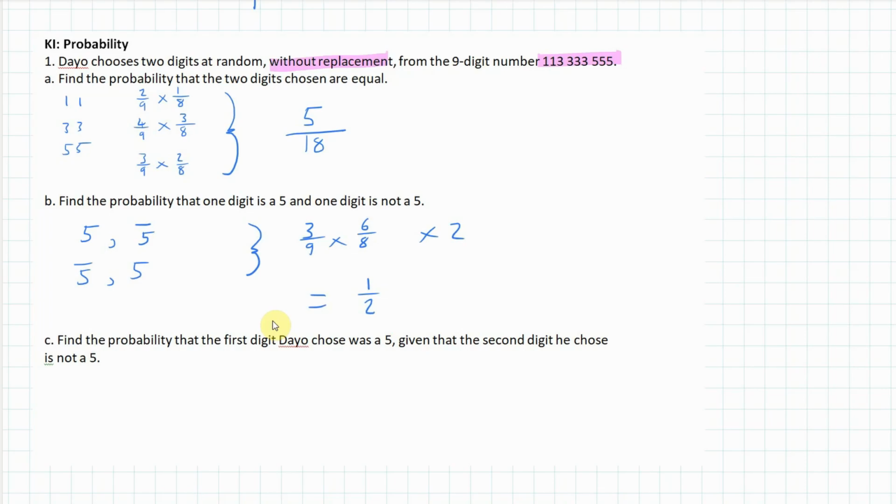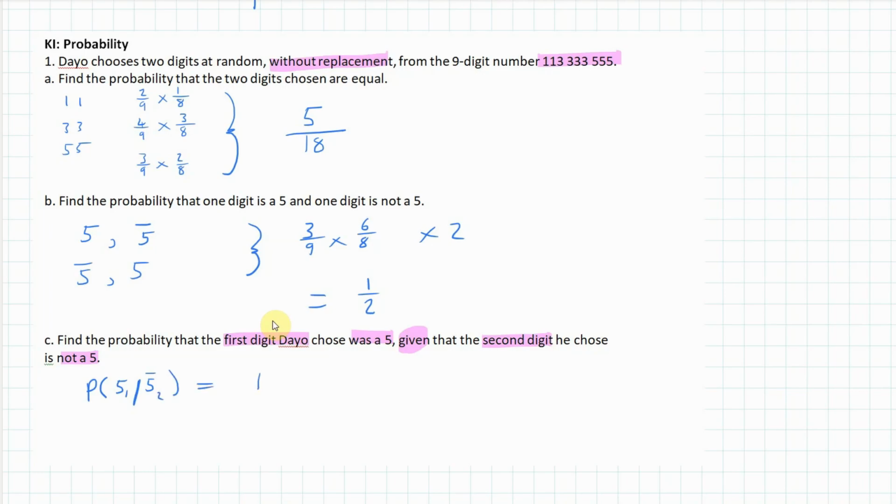The next one, C. Find the probability that the first digit Dale chose was a 5, given second digit not 5. Okay, so what we're actually thinking here is we're trying to find the probability of 5 being the first digit, given not 5 as the second digit.